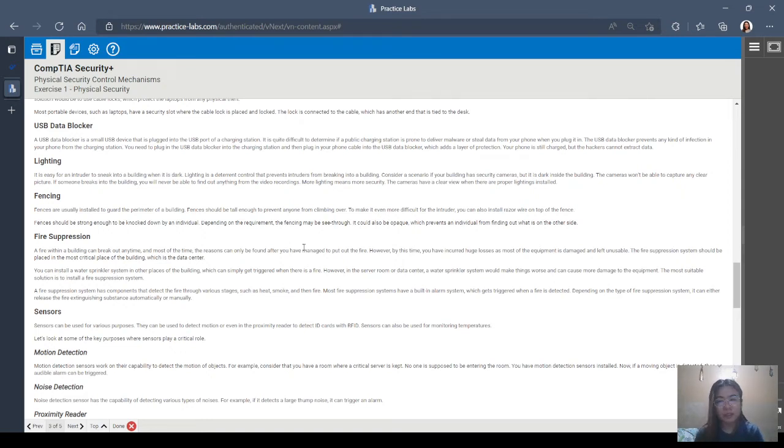A fire suppression system has components that detect the fire through various stages, such as heat, smoke, and then fire. Most fire suppression systems have a built-in alarm system which gets triggered when the fire is detected. Depending on the type of fire suppression system, it can release the fire extinguishing substance either automatically or manually.